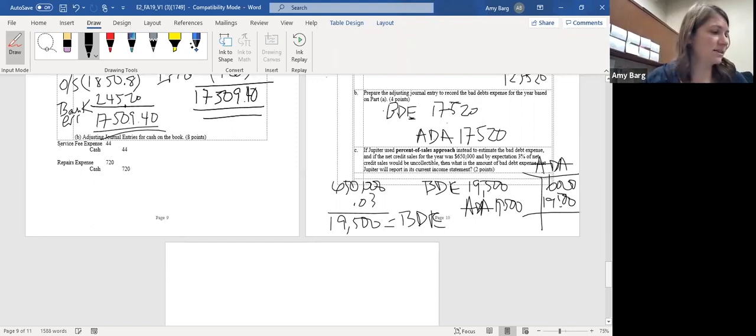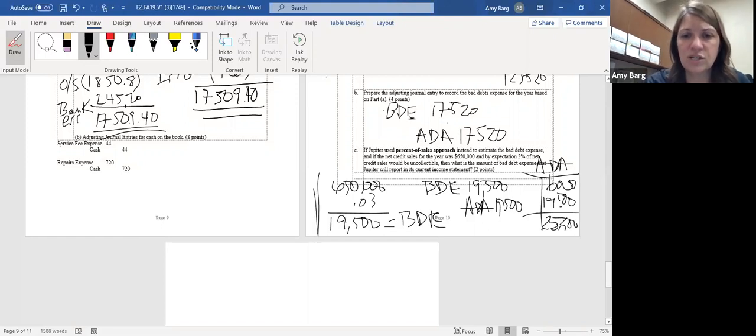And then I didn't figure this out before, and I should have. The ending account would end up being 25,500. This is a different amount here. It's a different approach. So are there any questions about that?